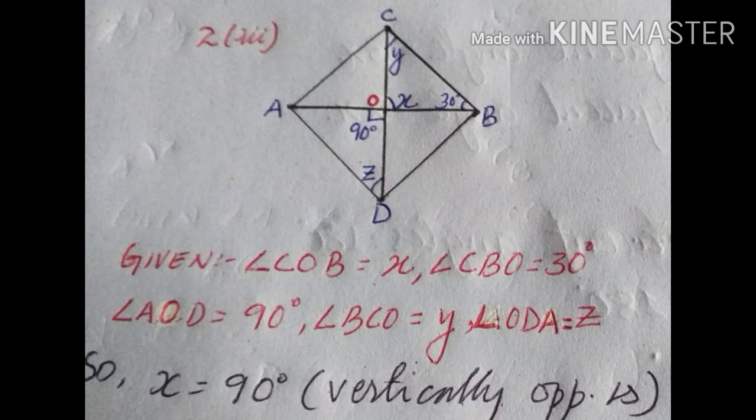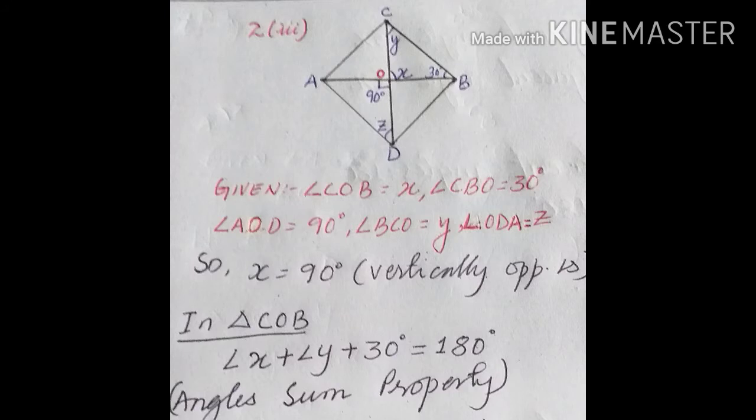That means these two are the same. Will get clear. Now in triangle COB, in this triangle, angle X plus angle Y plus angle 30 equals 180 degrees. Angle sum property, isn't it? Adding the three angles, we will get 180 degrees.